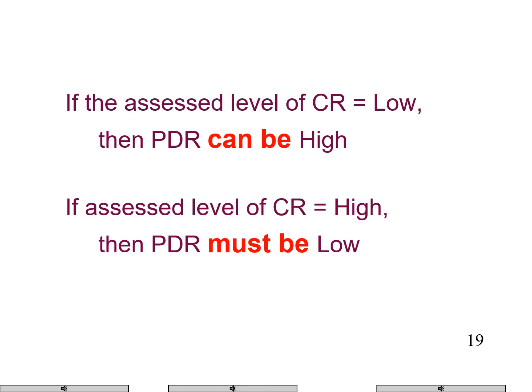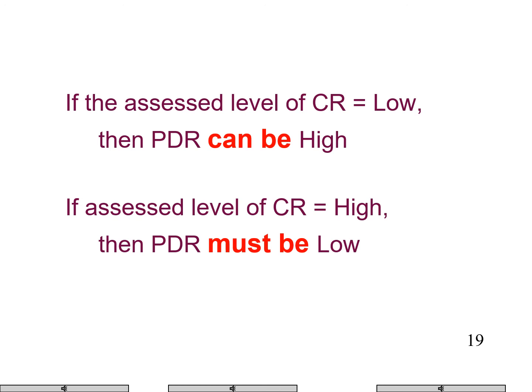If the assessed level of control risk is low, that means their controls are effective. We are going to rely on their internal controls, the effectiveness of their internal controls. In that case, plan detection risk can be high because we're going to rely on their internal controls. If we want to do extensive substantive testing, plan detection risk can be low too. It's just going to cost more.